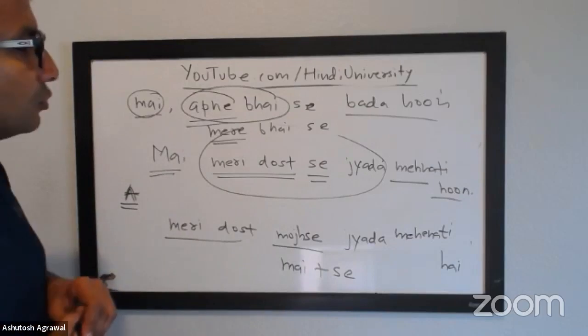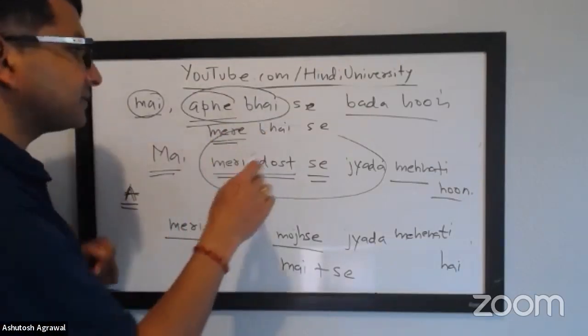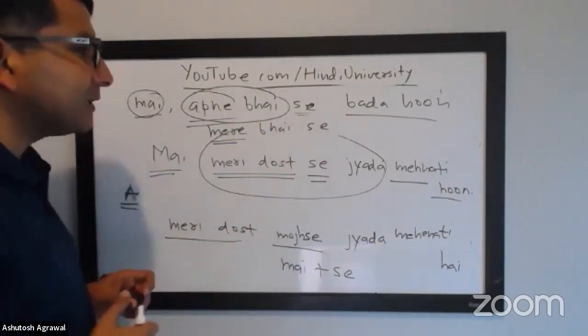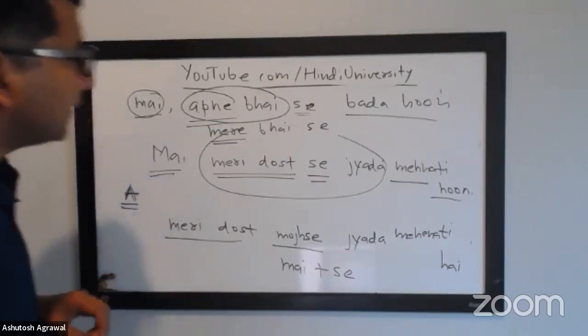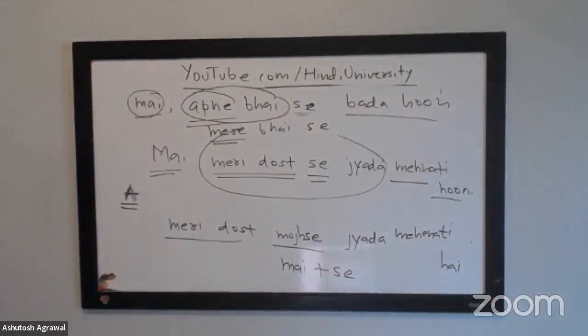As long as you're using the से here, otherwise what are you comparing against, right? मैं मेरे भाई से बड़ा हूँ. Yes, you can do that. This is correct. Okay, thank you.